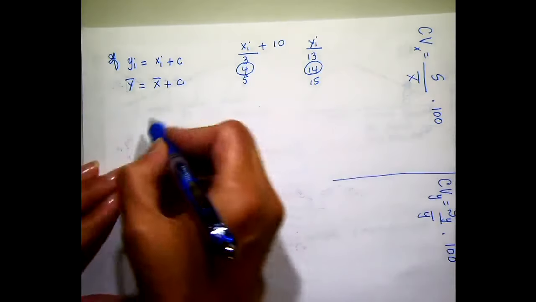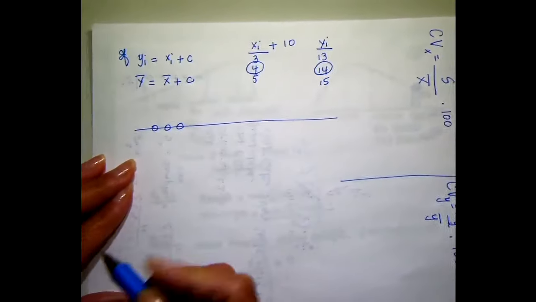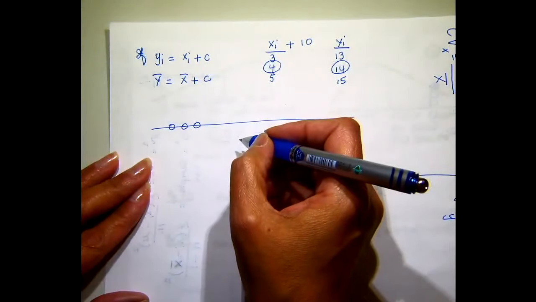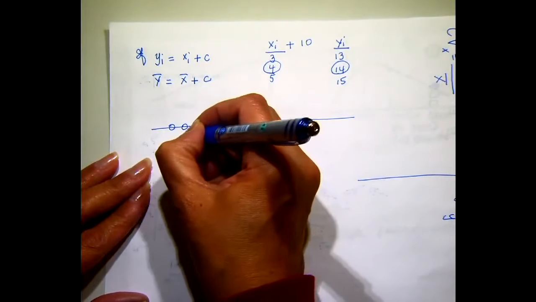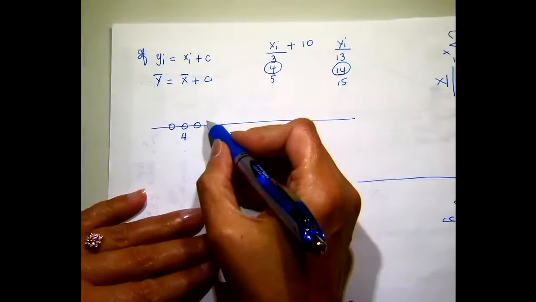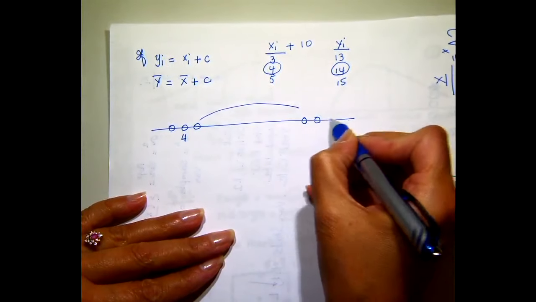Here's 3 numbers, 3, 4, and 5. What's the mean of 3, 4, and 5? 4? I've decided to add a constant of 10 to everybody. So add 10 to 3, you're going to get 13. Add 10 to 4, you're going to get 14.